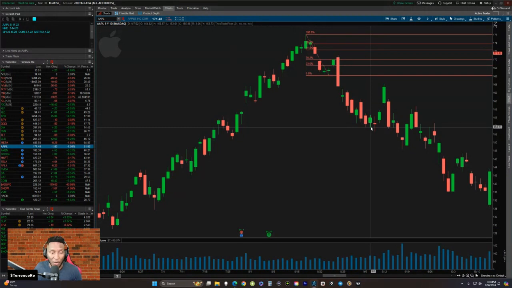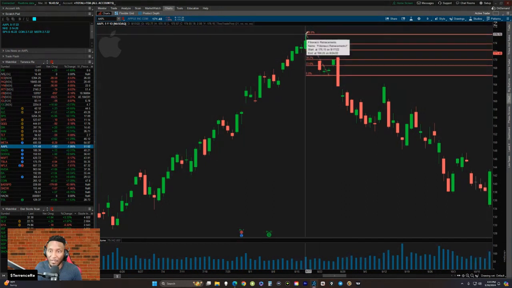It can still go, but generally you want to see the market pull back into one of these areas in between 38.2% and 61.8. And then once you get that, you come and you do your extension, your fib extension. Fib extensions are going to have 3 points. Retracements are going to have 2 points.